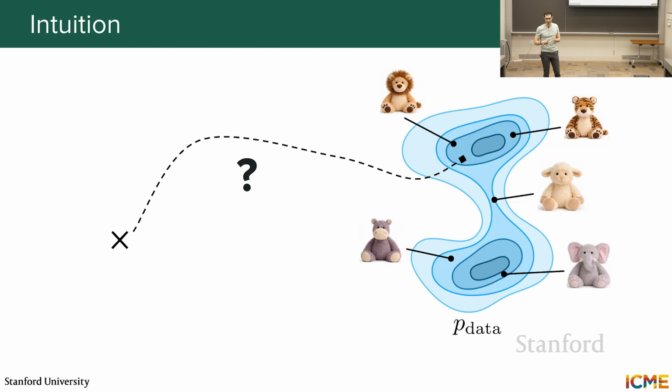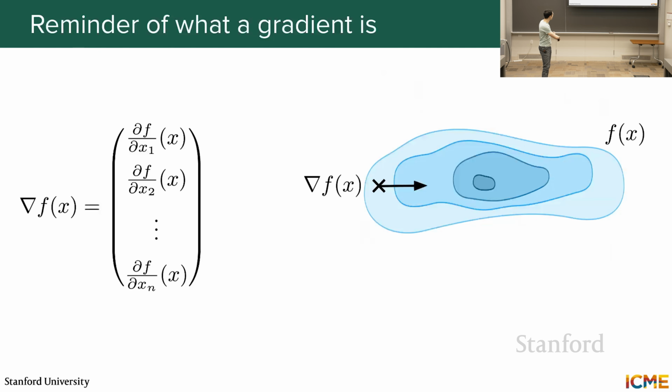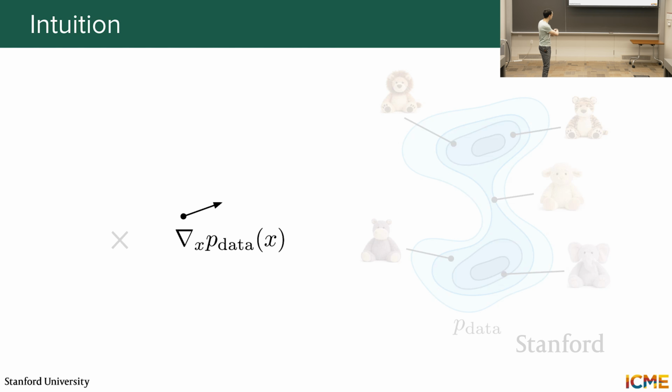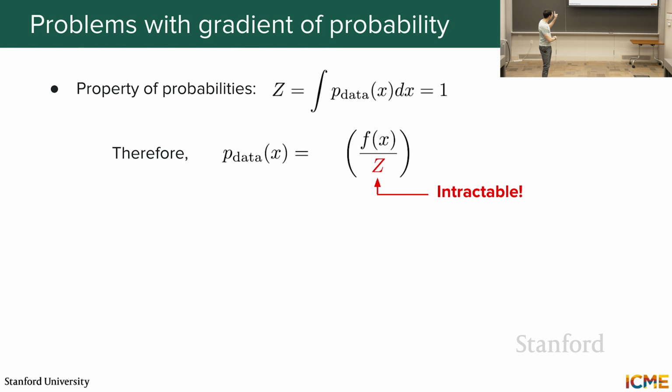Right? But there is a problem. The problem is that estimating the gradient of the probability density function is actually a very hard thing to do, and there are a few reasons for that.